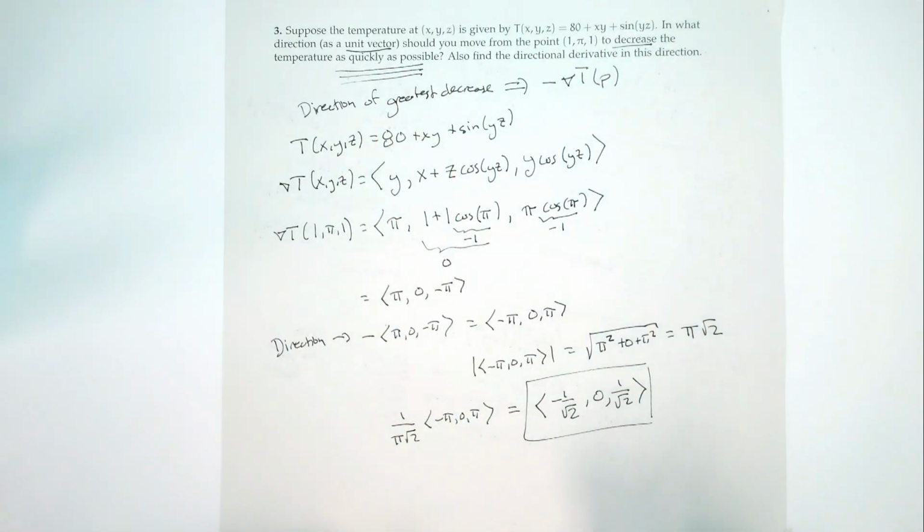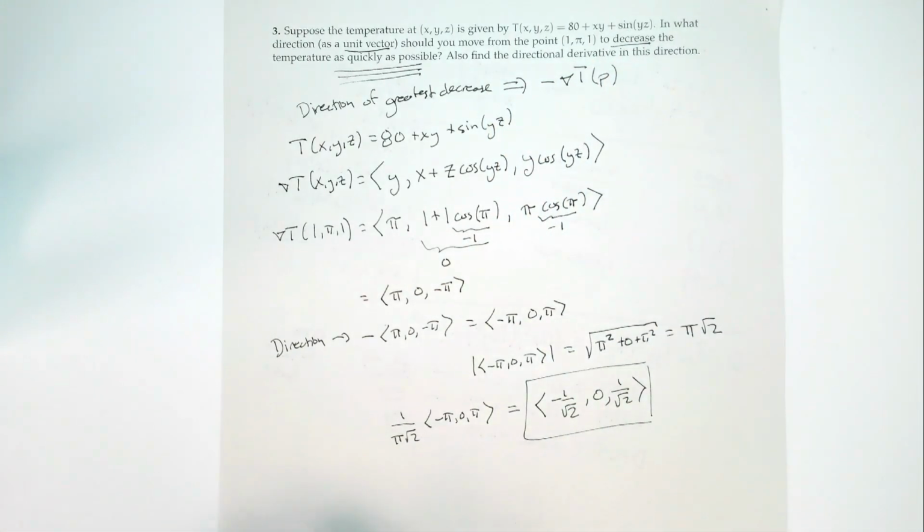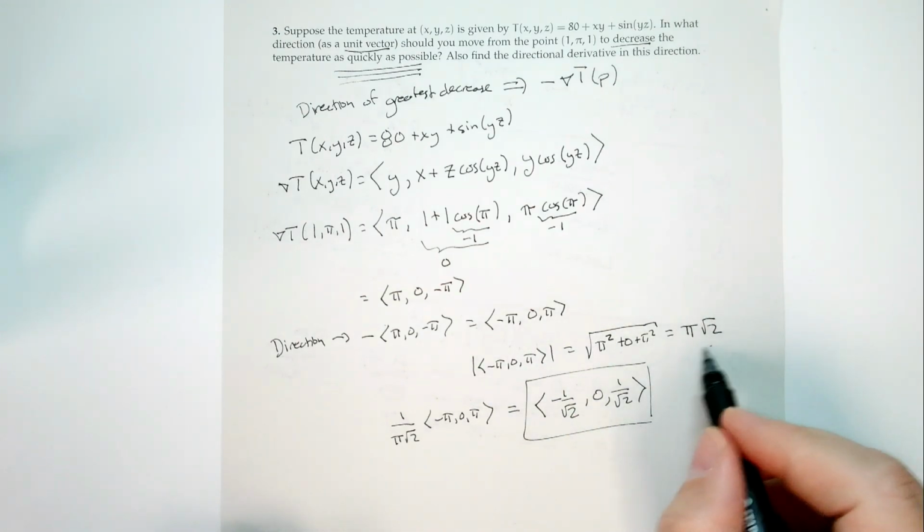Also, okay, what's this also? Find the directional derivative in this direction. Well, it looks like we're going to have to do a lot of work, but actually that's a freebie. So the directional derivative is the rate of change in that direction. Now, we're decreasing, so it's going to be negative. What's the size? The answer is it's the magnitude of the gradient.